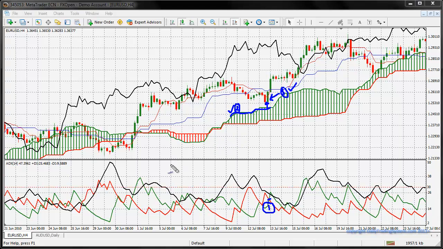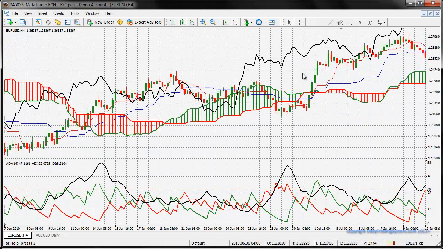Let's take a look at a short trade opportunity. Here is where the negative directional index crosses above the positive directional index, and I believe it actually points to this candle right here, but this candle is above the cloud, so that's no go.